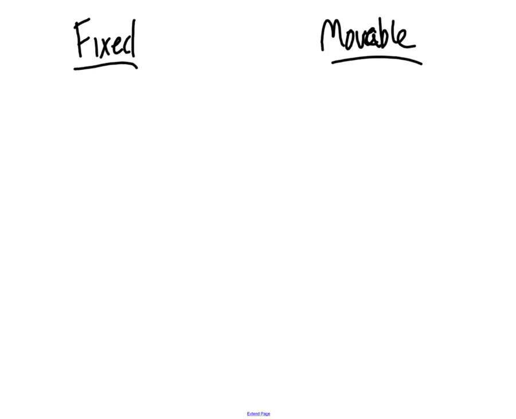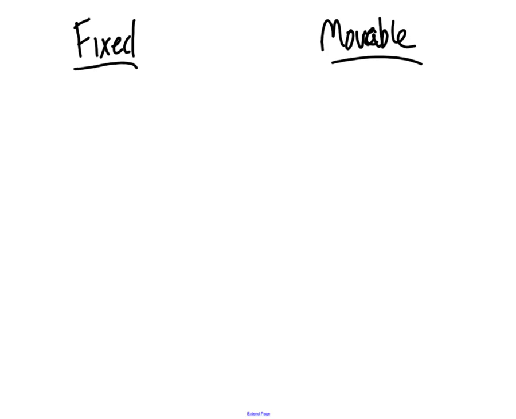About pulleys right now. And we have two different types of pulleys. Okay? We have a fixed pulley and we have a movable. Fixed and a movable.